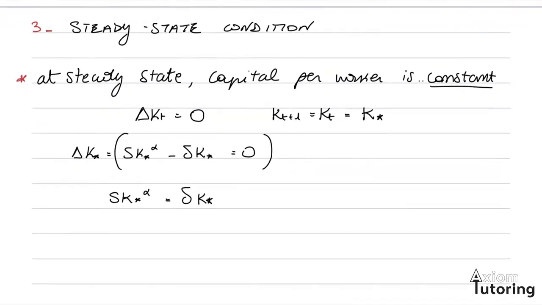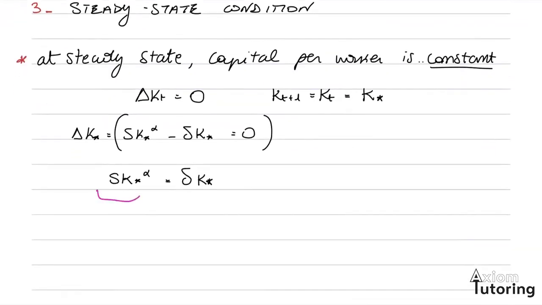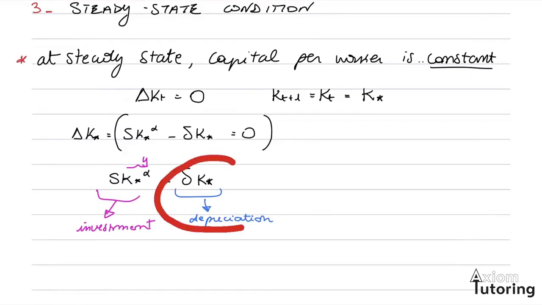And this is exactly the intuition of a steady state, meaning that on this side, the savings rate times the capital stock, but it's not really the capital stock, k to the power of alpha is our y, right? Is our output. So this would represent the investment per worker. And as we've already derived the intuition in the previous video, in the steady state, this is going to equal the depreciation of capital, meaning that the number of new machines that we buy is equal to the number of machines that will break down.